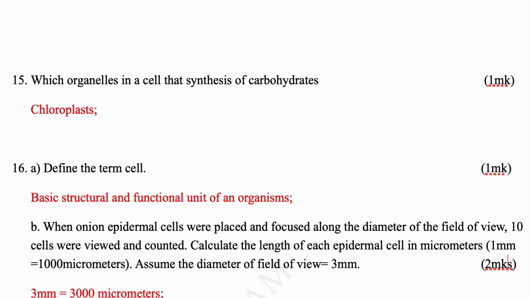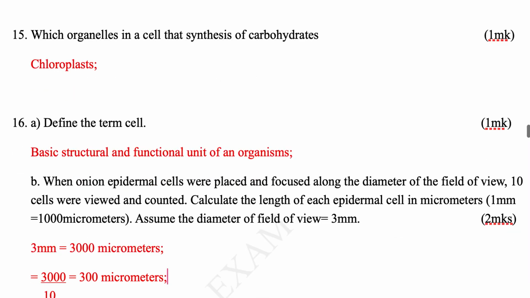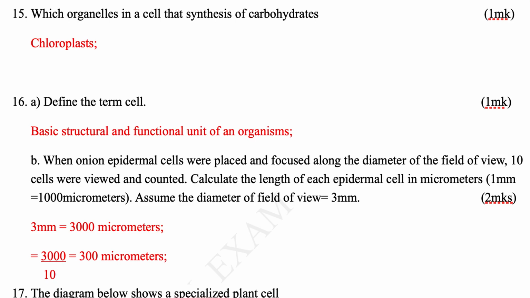When onion epidermal cells were placed and focused along the diameter of the field of view, 10 cells were viewed and counted. Calculate the length of each epidermal cell in micrometers. Assume the diameter of the field of view. That is how you make the calculations.